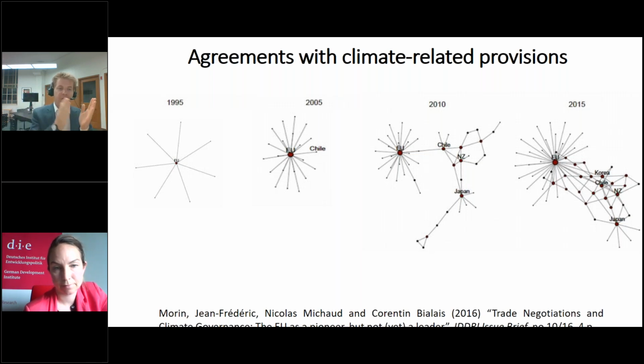So in 1995, few agreements and basically all connected to the EU. In 2015, a wider network, much more diverse, less centered around the EU. Actually, an increasing number of countries, especially in Asia, will include climate-related provisions in their trade agreements.